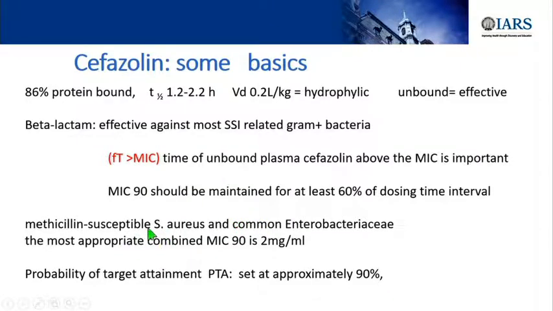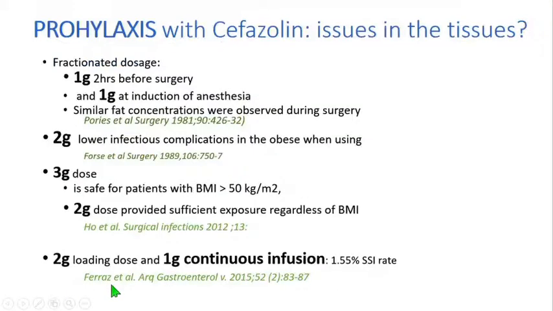Most of the staphylococci and enterobacteria are sensitive, and it's considered that minimal inhibitory concentrations around 2 milligrams per milliliter should be enough. Another important factor is the probability of target attainment, PTA, and normally it's set at about 90%.